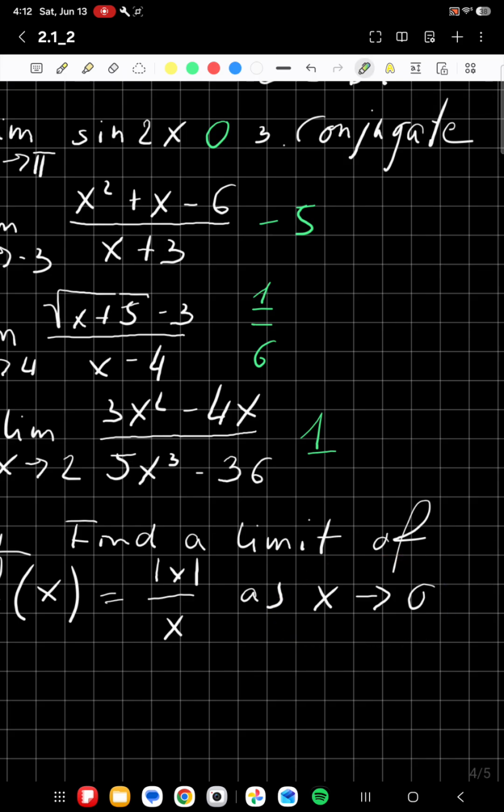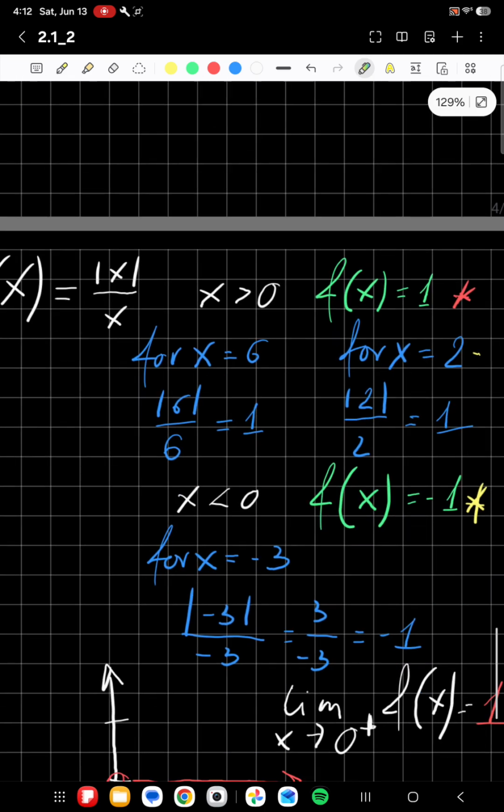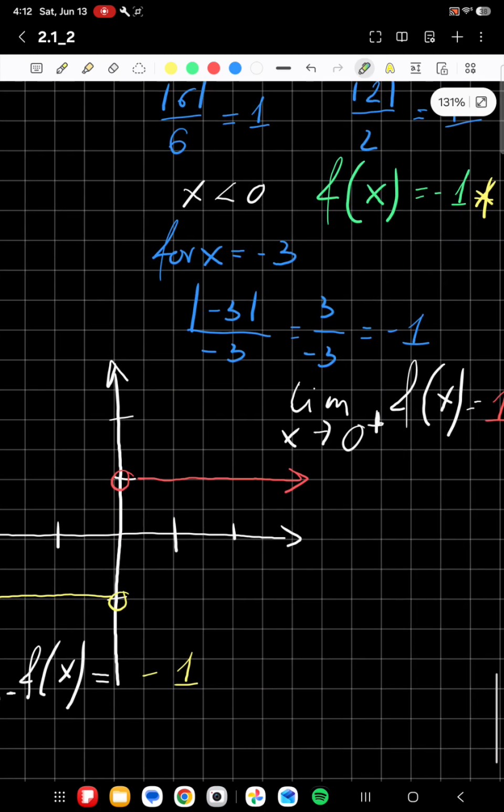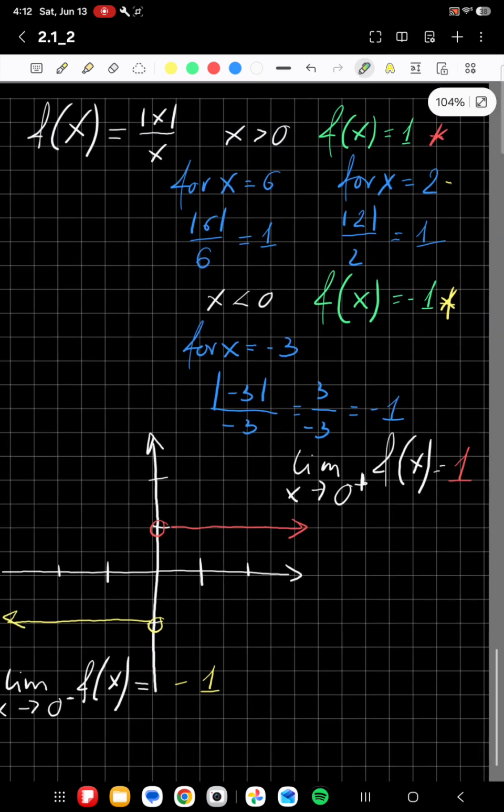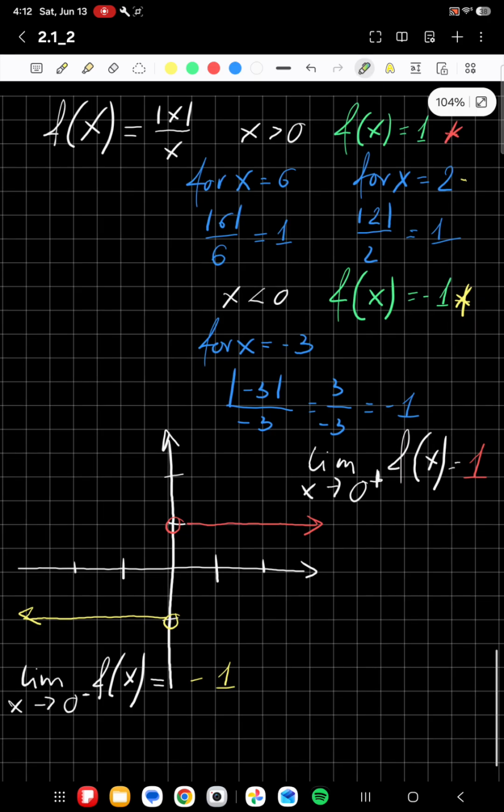So x is approaching 0, from left and right. And unfortunately, here, when I approach 0 from the right, I get 1. If I approach 0 from the left, I get -1.